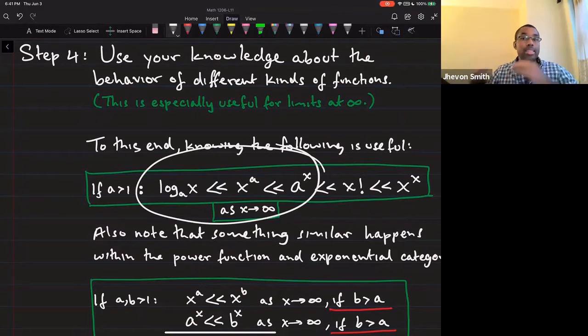As x goes off to infinity, the ones on the right become so huge compared to anyone on the left that anyone on the left might as well be 0. You can essentially think about them as if you're thinking about 0.